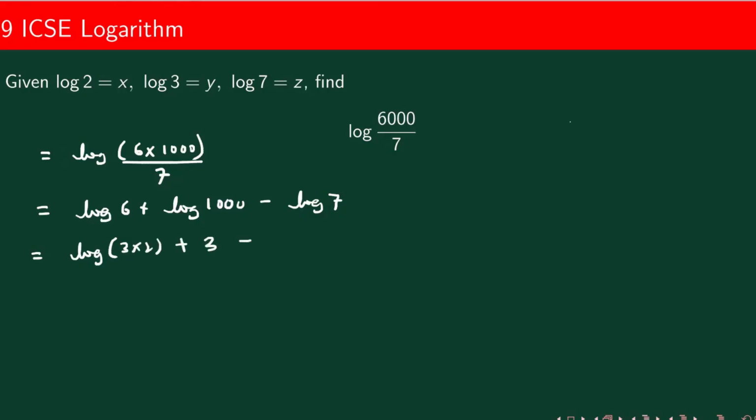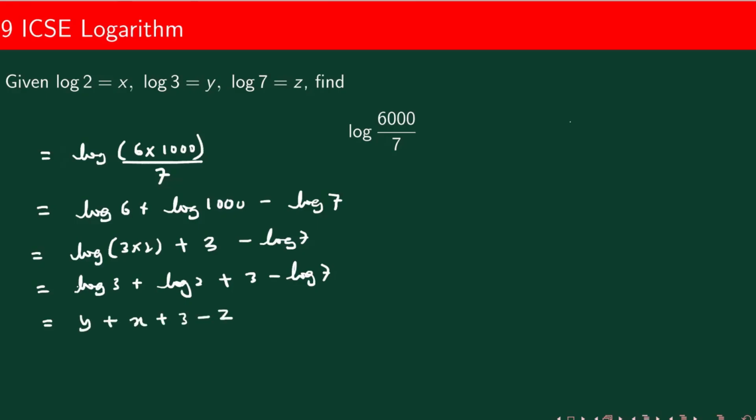So log 3 plus log 2 plus 3 minus log 7. Log of 3 is y, log of 2 is x, and here you have z. So x plus y plus 3 minus z will be the answer. Right, we'll go to the next one now.